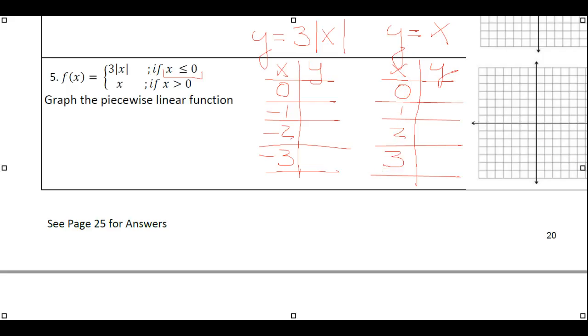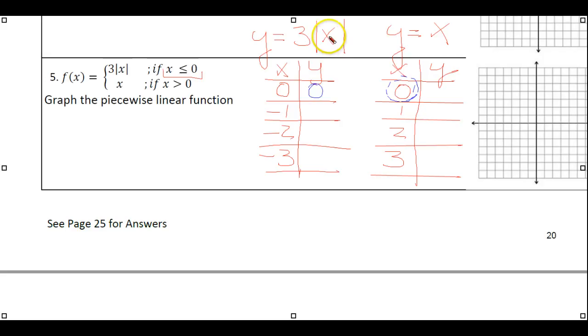But keep in mind now that this 0 is just our anchoring 0. It's not in the set because of that inequality sign. So let's plot this one. Well, let's get some points here first. If x is 0, this will be 0.